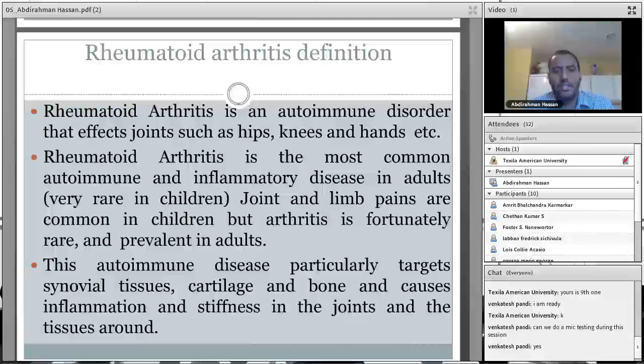Rheumatoid arthritis is an autoimmune disorder that affects joints such as hips, knees, hands, fingers, and all joints. Rheumatoid arthritis is the most common autoimmune and inflammatory disease in adults.